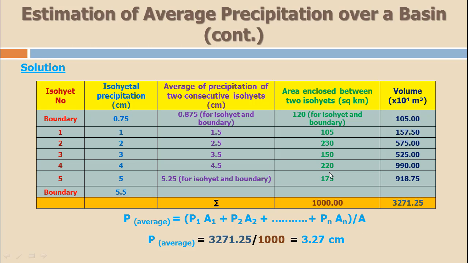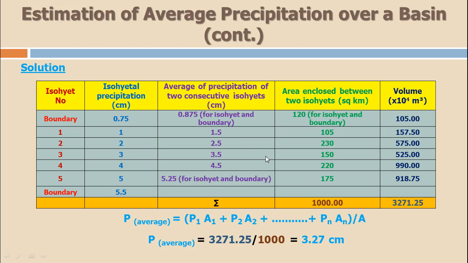So what we will do, we will calculate the volume by multiplying the average precipitation with the area. So this is the average precipitation, 0.875 multiplied by 120, you will get 105 into 10 raised to the power 4 cubic meter. Remember, again, this is in square kilometer and this is in centimeter. This is very simple units.